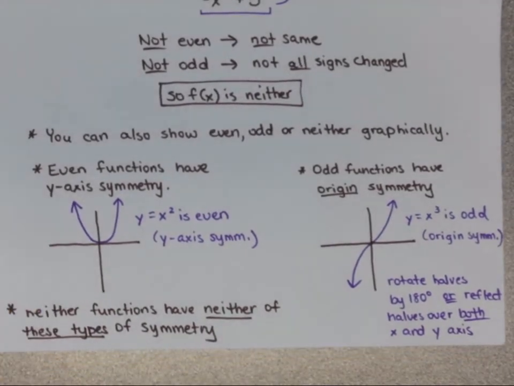So I want you to focus mostly on the method where you use the algebraic version where you plug in negative x, and then secondarily maybe know how to look at the graph.